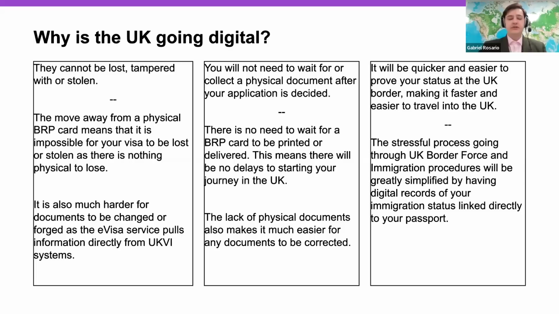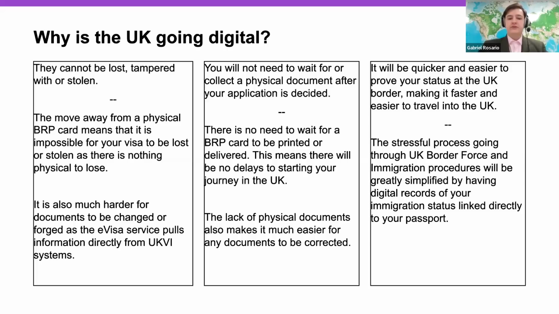You can simply create your UKVI account if you have not done so already, and log into the View and Prove service to access anything that may have previously needed a copy of your BRP card. This includes bank accounts, renting property, registering with the university, and many other processes that would previously have required proof of your visa.